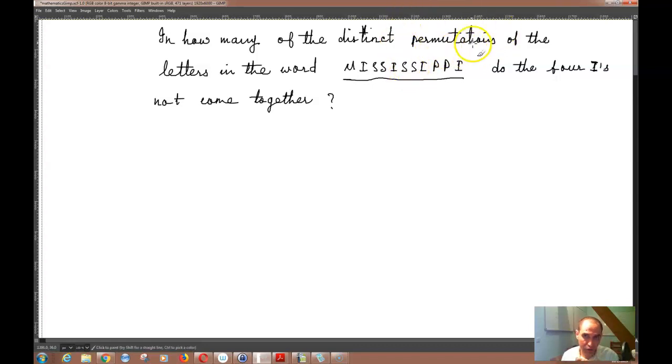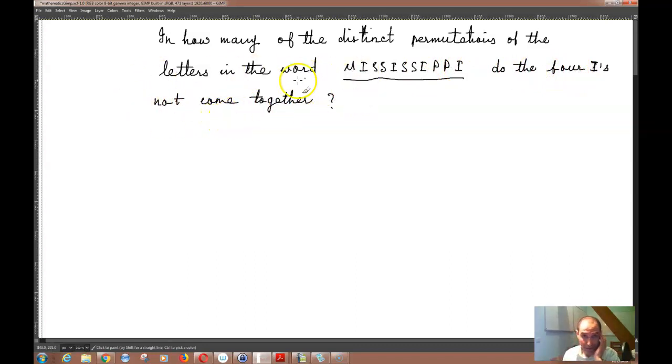Otherwise, permutation itself is distinct. So it says in how many of the distinct permutations of the letters in the word Mississippi do the 4 I's, so you have 1, 2, 3, and 4 I's here, not come together?